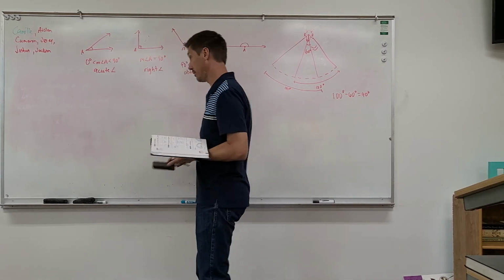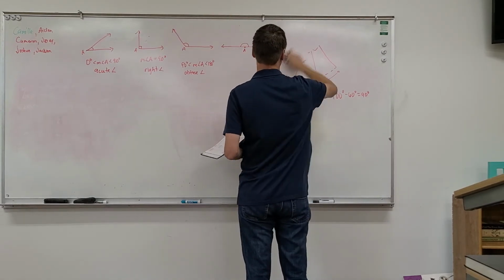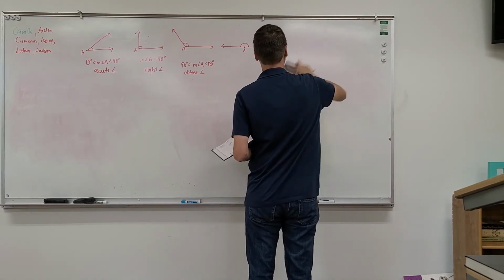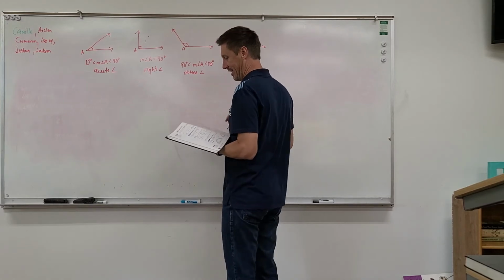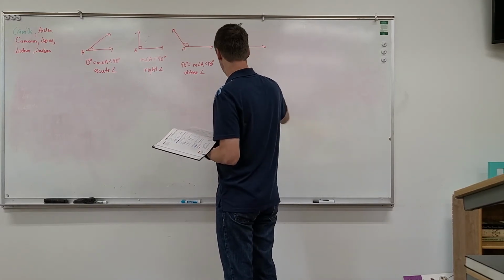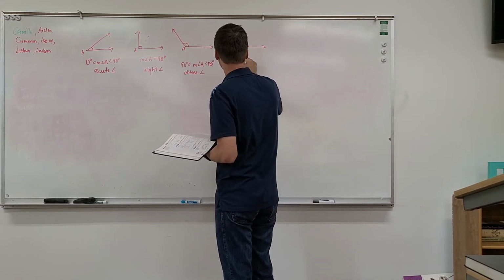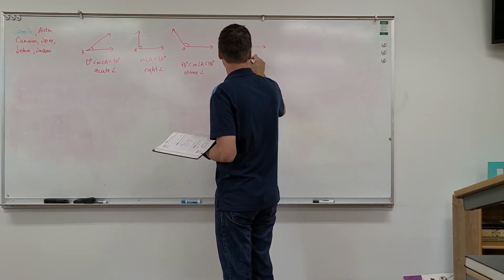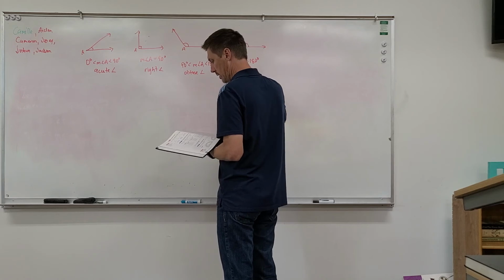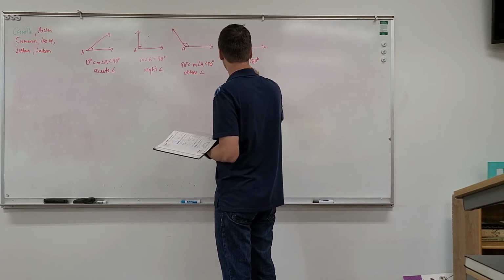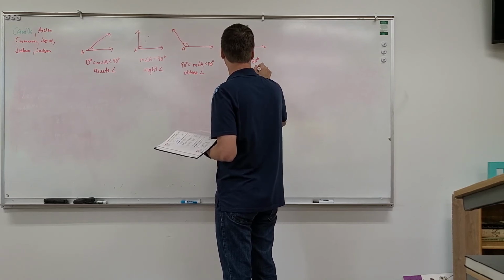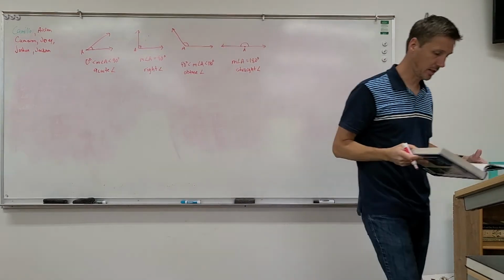If someone tells you you're looking kind of obtuse, that's not a compliment, all right? And then finally, if the measure of the angle is exactly 180 degrees, this is the one that I didn't remember, then that one is a straight angle. Which makes sense because it just forms a straight line, right?